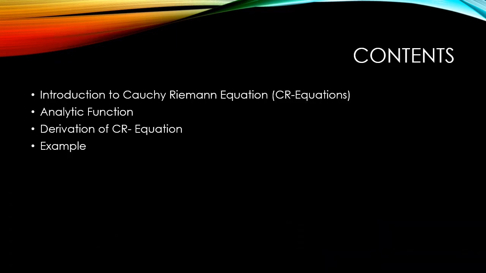The equation which we will have to derive according to the complex number is known as the Cauchy-Riemann equation, which is also known as the CR equation. We'll introduce it and then find its analytical function, derive the Cauchy-Riemann equation, and look at examples related to this.